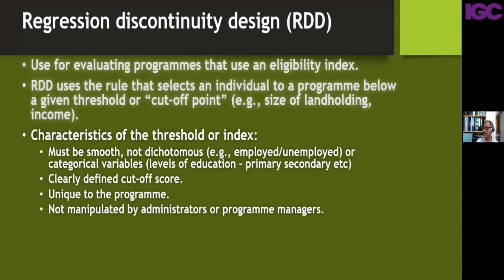But on the other hand, you cannot have a dichotomous variable, say, where a person is either employed or unemployed. If you have only these two categories, or you have a categorical variable, say levels of education, primary, secondary, and college education, then also you will not be able to use the regression discontinuity design.